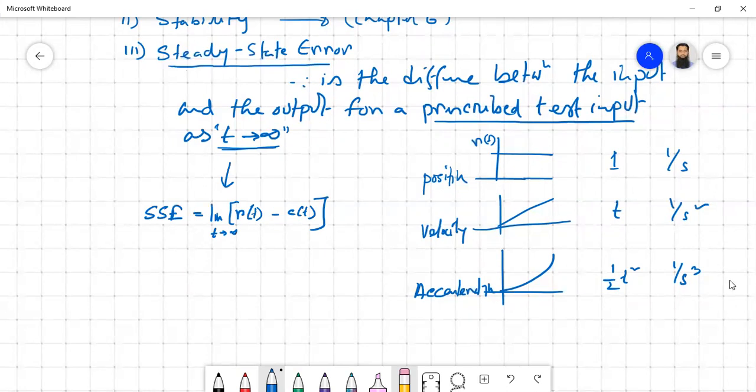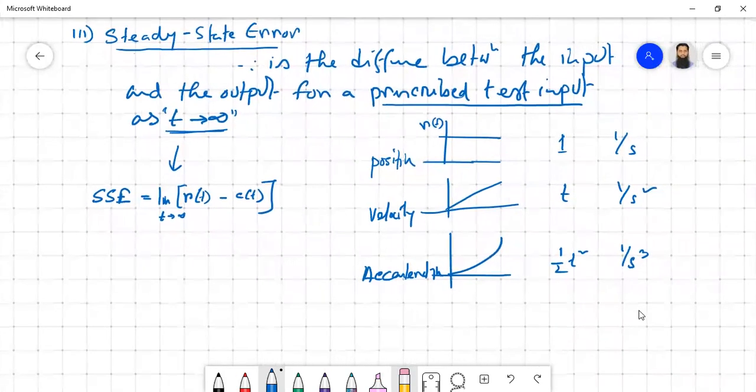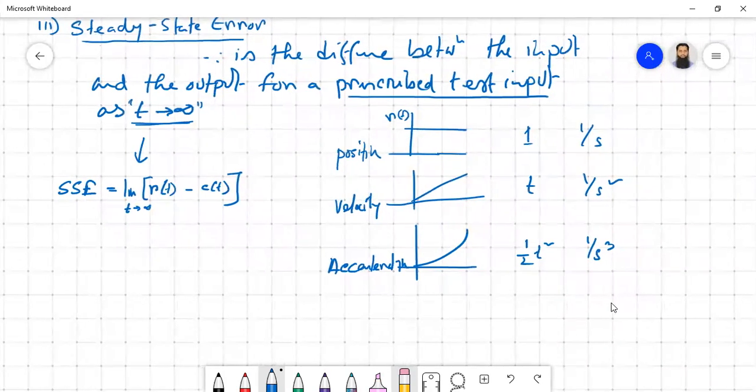Since we are talking about three test inputs, step, velocity, and acceleration, what is their physical meaning? Because the ramp and parabolic inputs go to infinity, what is the significance of that?